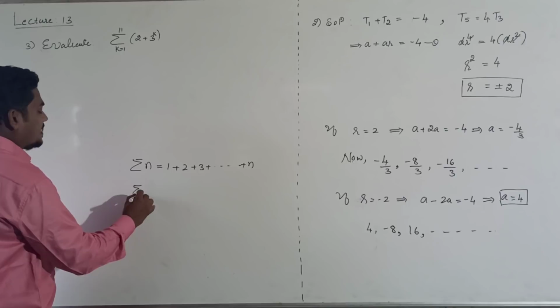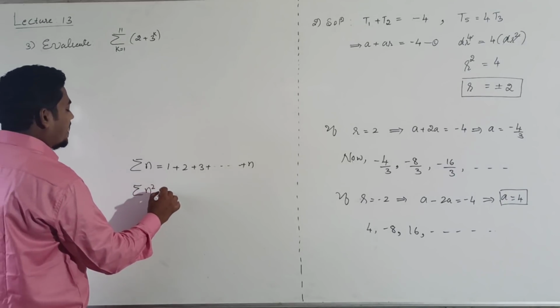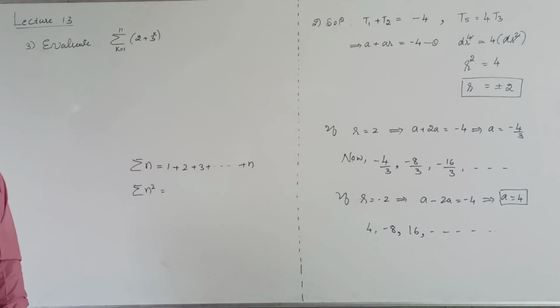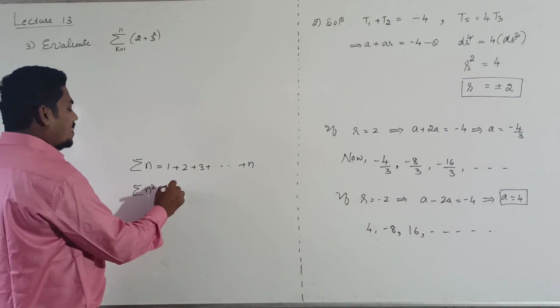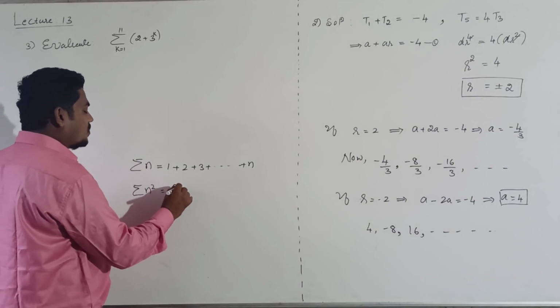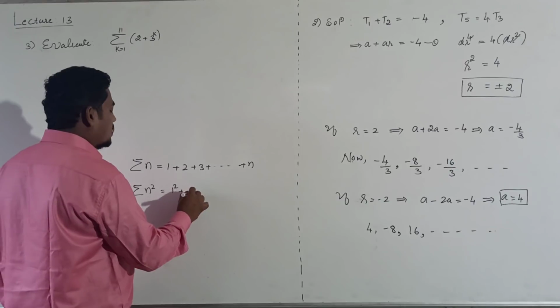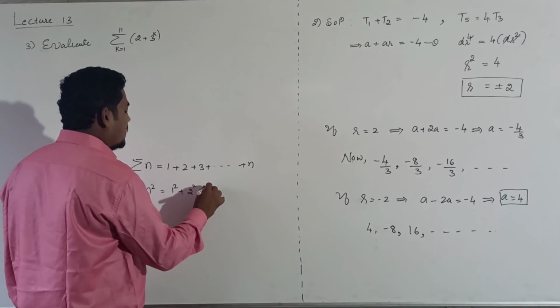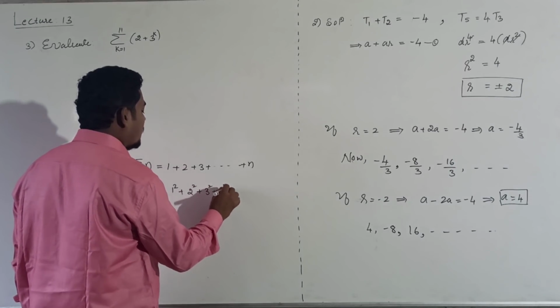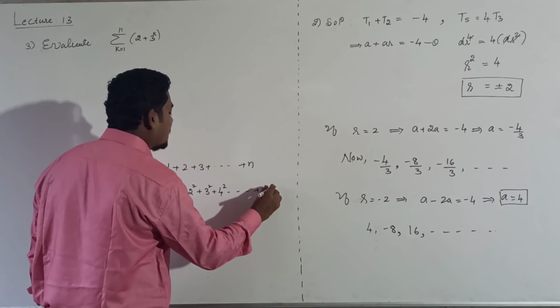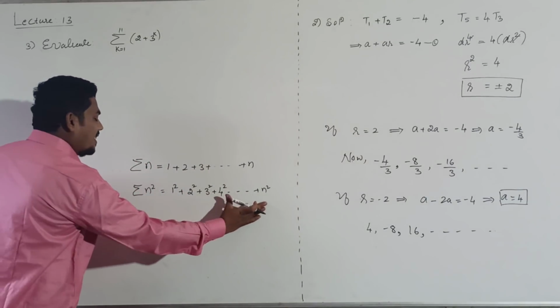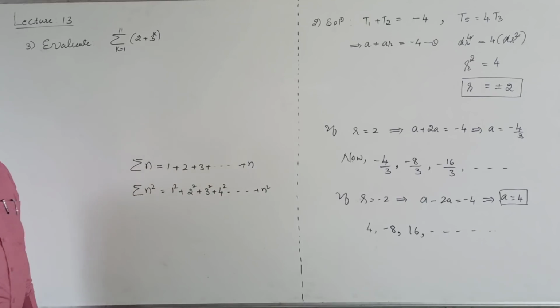Then what is summation of n square? Summation of n square means first put n value 1, so 1 square plus 2 square plus 3 square plus 4 square and so on. The last term is n square. This is the expanded form of sigma notation.